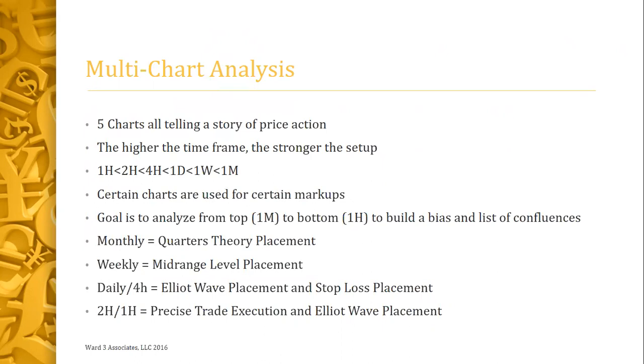Weekly I use for the weekly mid-range levels, but there's a trick to that as well. The daily to 4-hour I use for Elliott Wave placement, stop loss placement sometimes. And the 2-hour, 1 hour you would be using for the precision trade execution and the Elliott Wave placement as well.